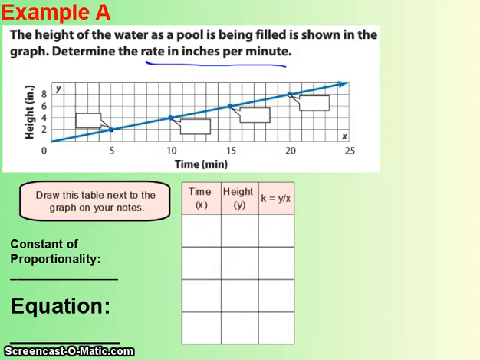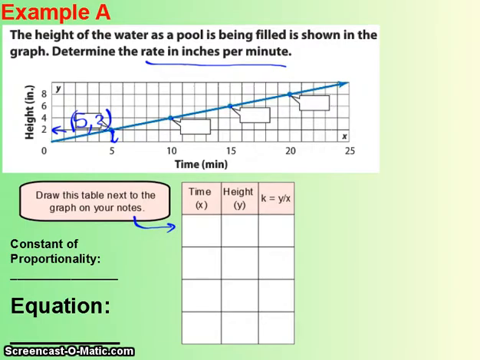The next thing is we have to figure out, well, what is that point? So this first point, its x value is 5, and its y value is 2. So we have the point 5, 2. Now what I want you to do in your notes is draw me a table so we can put those values in the table.